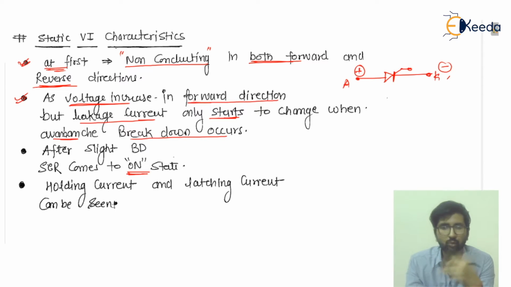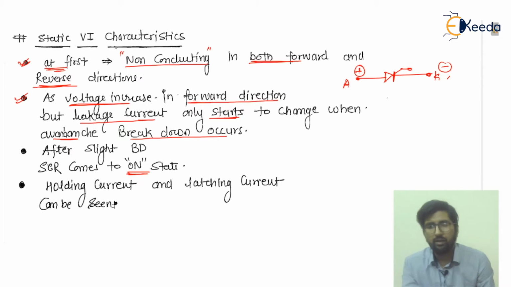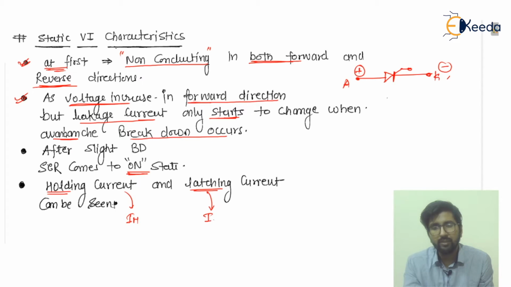So it will have the holding and latching current. Okay, I'm going to dictate this. You have to remember one thing: this is the holding current, represented as IH, and this is the latching current, represented by IL. This is the on state current, this is the off state current.